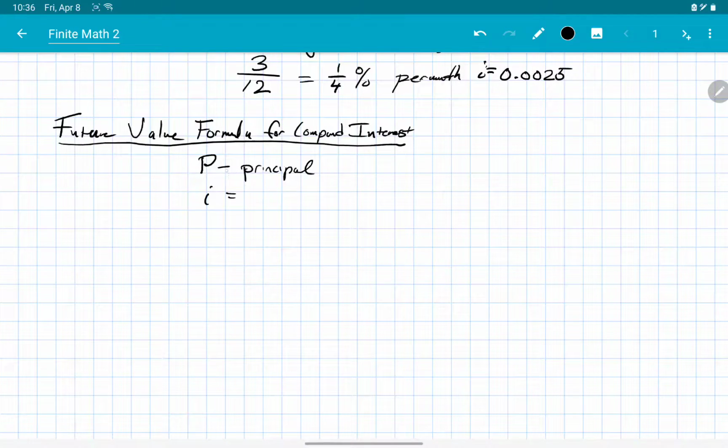I is the interest rate per period, and N is equal to the number of periods. Then there's a formula for giving you the future value.